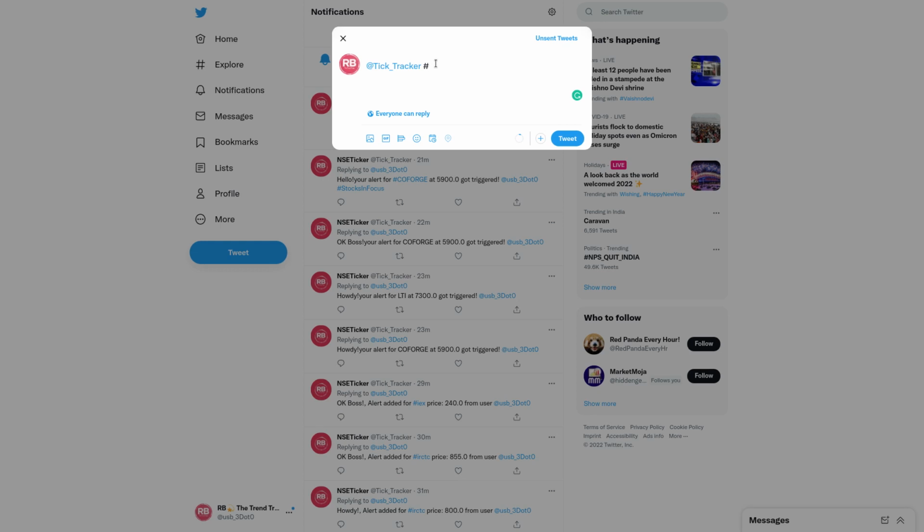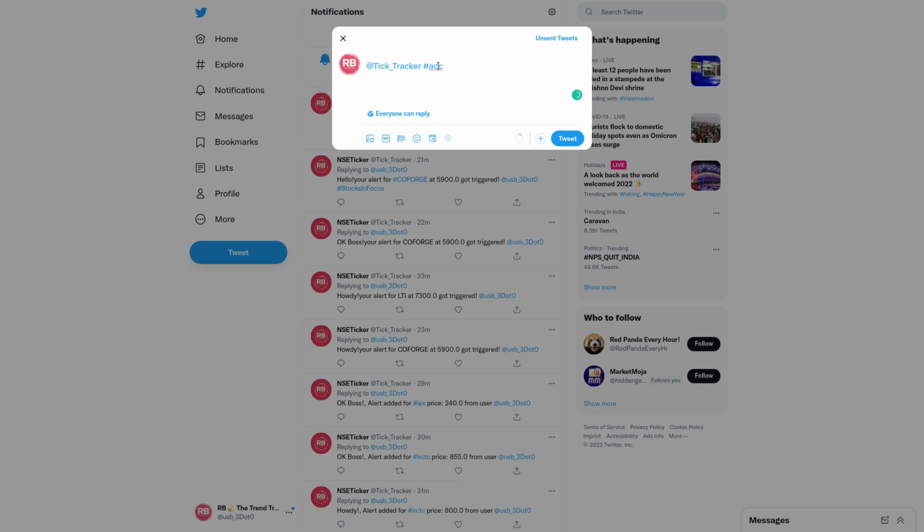So right now, this is the way in which you can do it. You can see over here, at the rate tick tracker. In this way you are actually asking the bot, and then you can give some sort of a value. Say for example, I am going to give ACC. Right, ACC is right now trading at 2215.